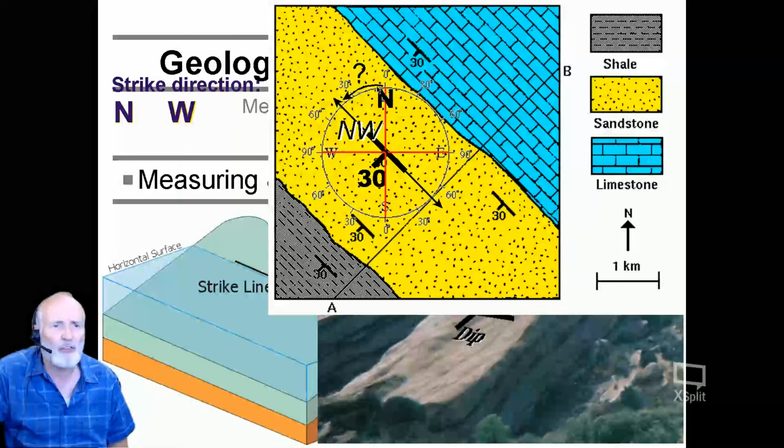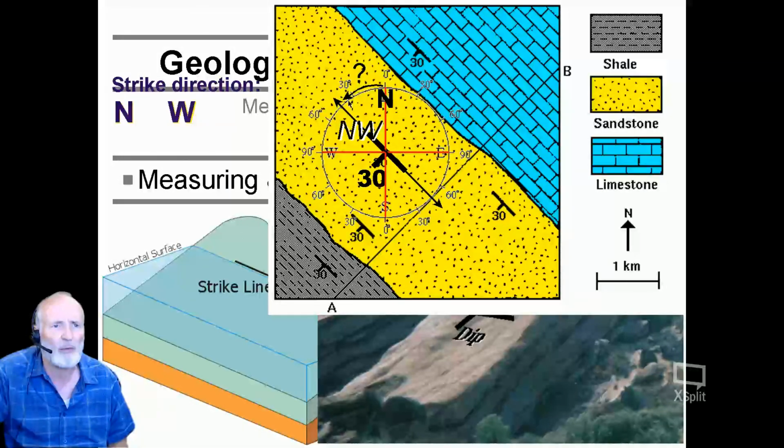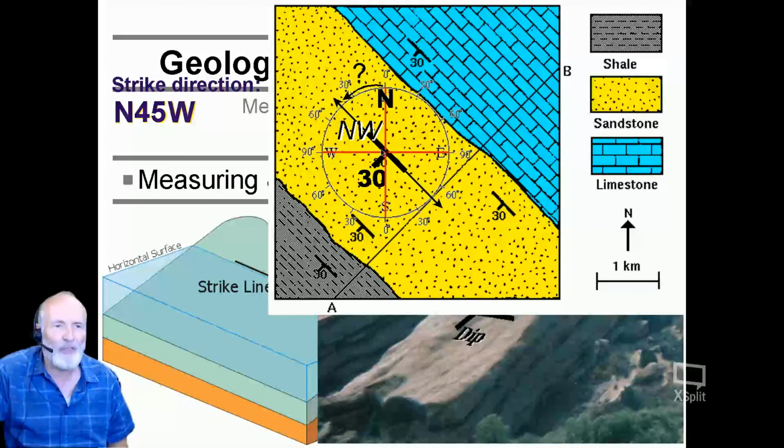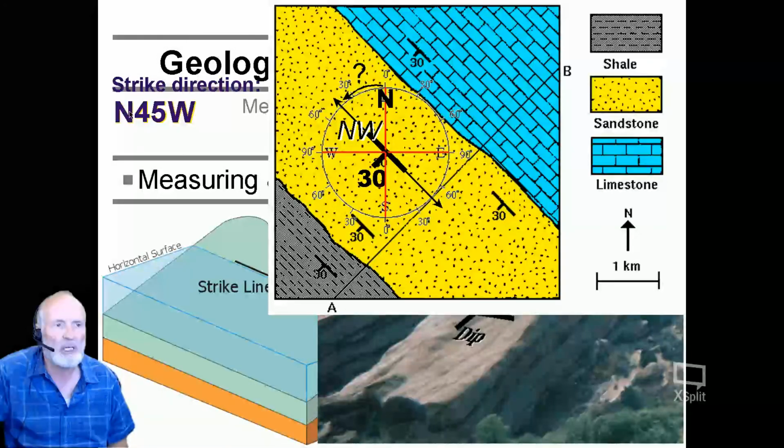Well, I can use a scale here and tick it off. This is north, 10, 20, 30, 40. There's 50. Half between 40 and 50. Probably 45. So my written shorthand designation for that particular strike would be N45W, or north 45 degrees toward the west, is my shorthand strike designation.